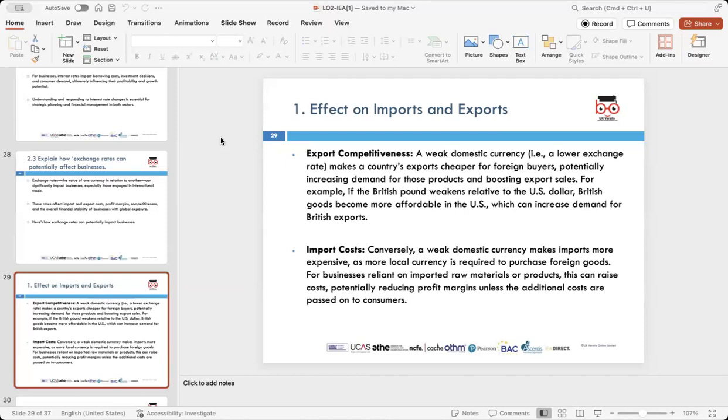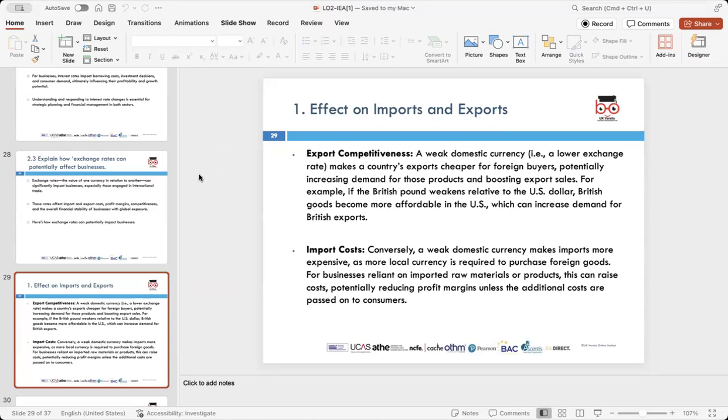For example, if the British pound weakens against the US dollar, British goods become more affordable in the US, making them more competitive in the market. This often results in higher export sales and greater revenue for businesses operating in international markets.